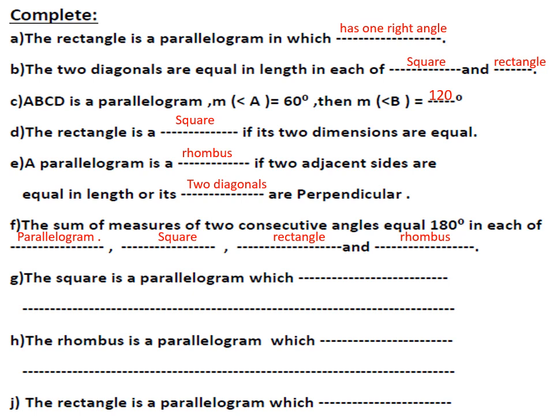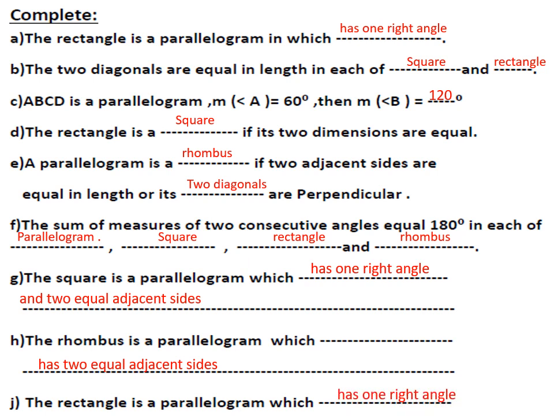The square is a parallelogram which has one right angle and two equal adjacent sides. Letter H, the rhombus is a parallelogram which has two equal adjacent sides. Letter J, the rectangle is a parallelogram which has one right angle.